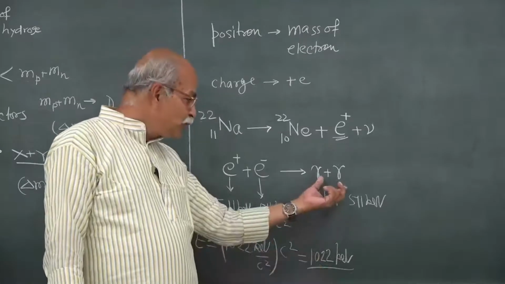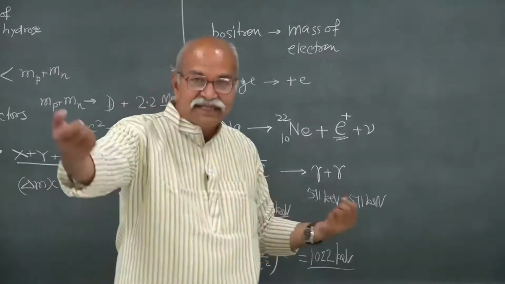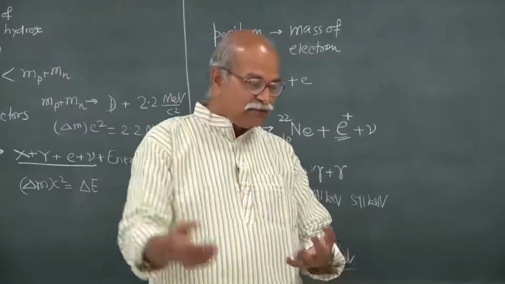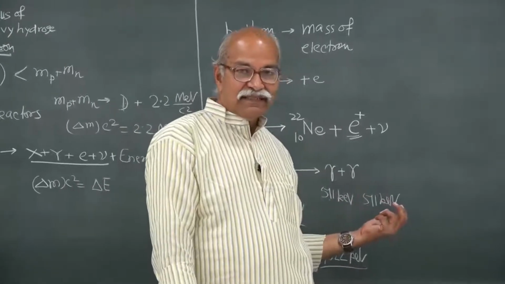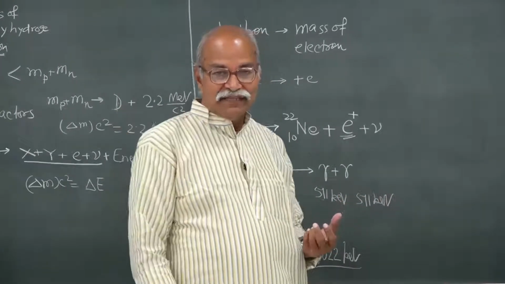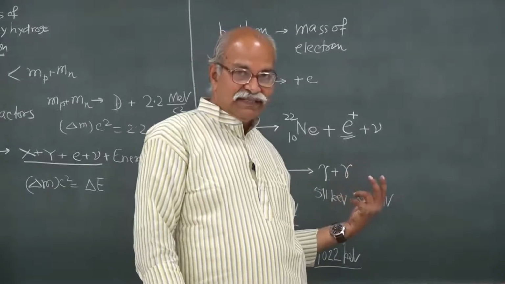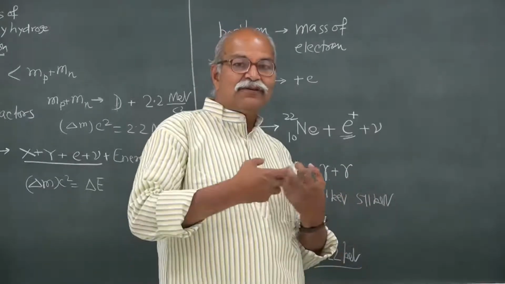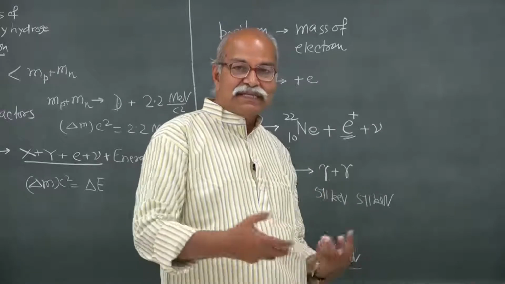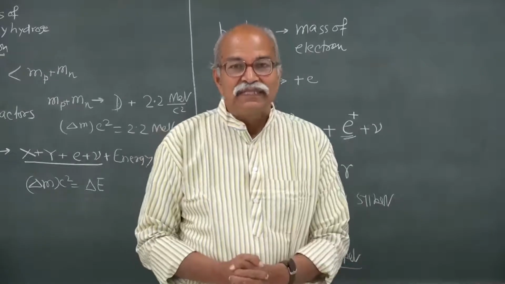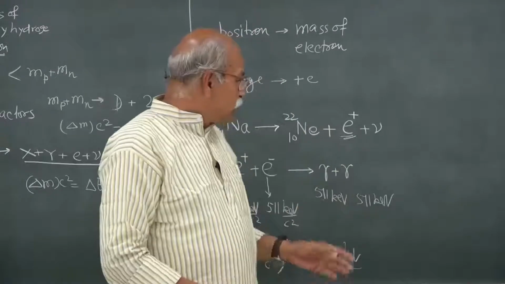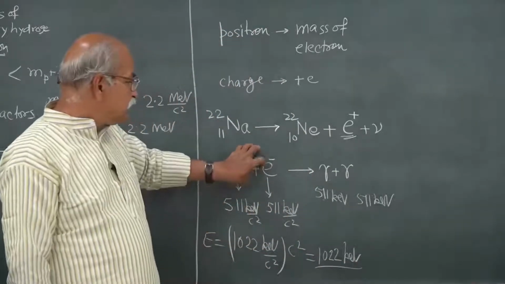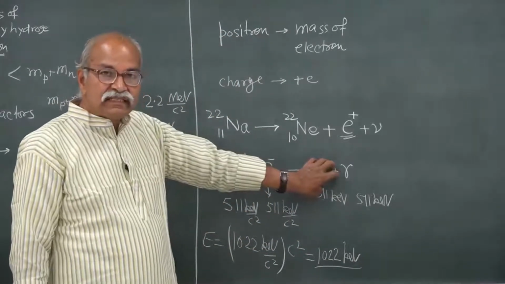So, there are 2 photons going in opposite directions, one photon in one direction, one photon in the opposite direction, with 511 keV energy here, 511 keV energy here. The momenta are also equal in magnitude, opposite in direction, and the total becomes 0. So, this is direct conversion of material into energy.